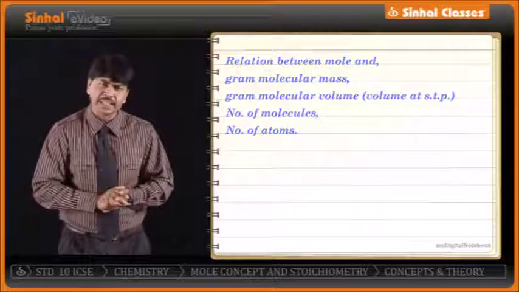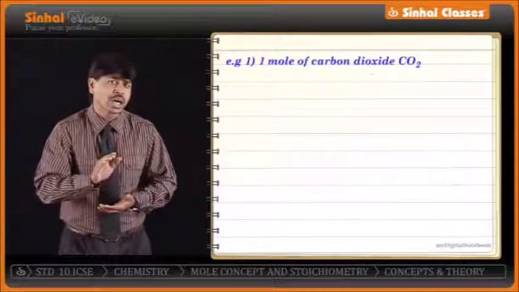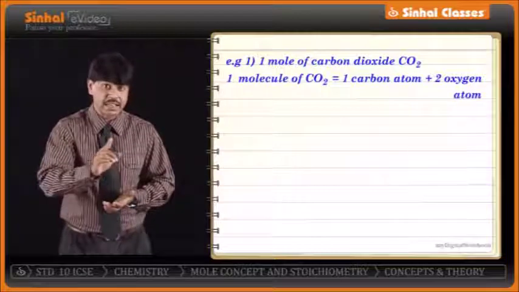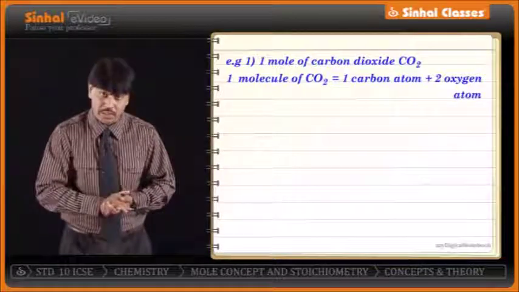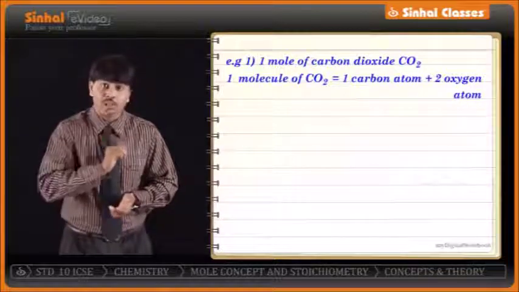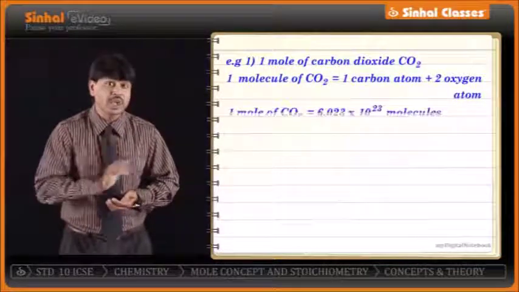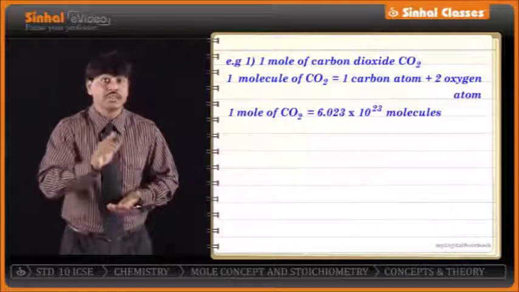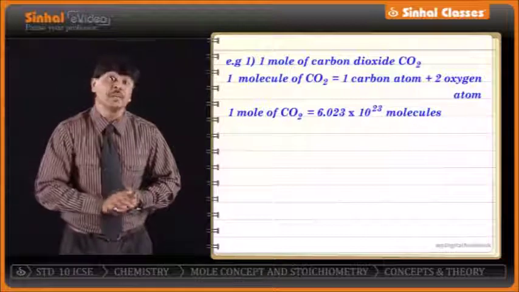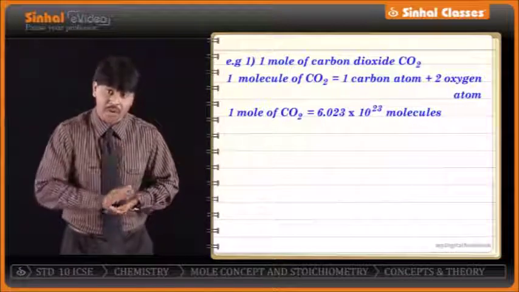To begin, let's take 1 mole of carbon dioxide. A carbon dioxide molecule contains 1 carbon and 2 oxygen. But now we have taken 1 mole of it. So 1 mole of carbon dioxide will be equal to how many molecules? 6.023 × 10^23 molecules of carbon dioxide.